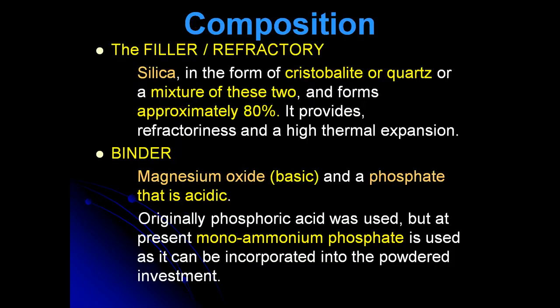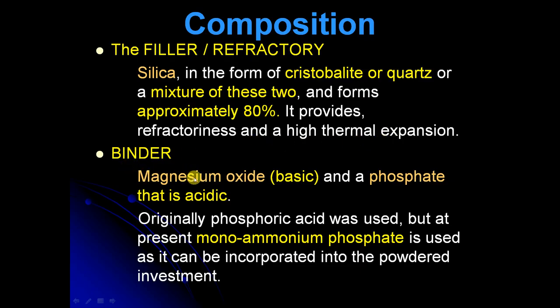Coming on to the composition, it consists of a filler, that is refractory, and a binder. Silica in the form of cristobalite or quartz or a mixture of these two forms approximately 80% maximum. It provides refractoriness and a high thermal expansion.